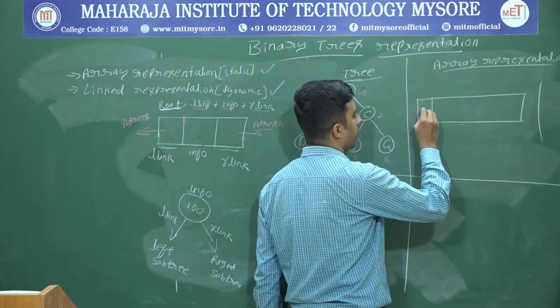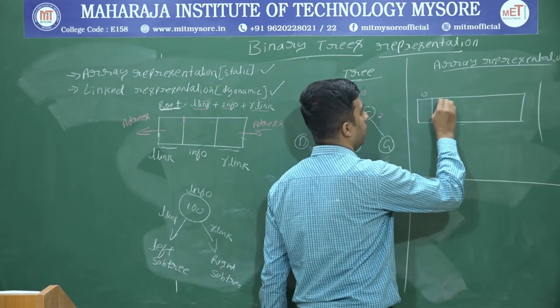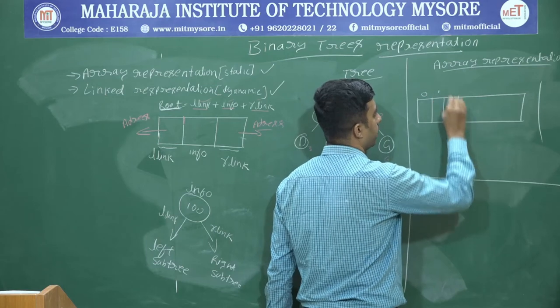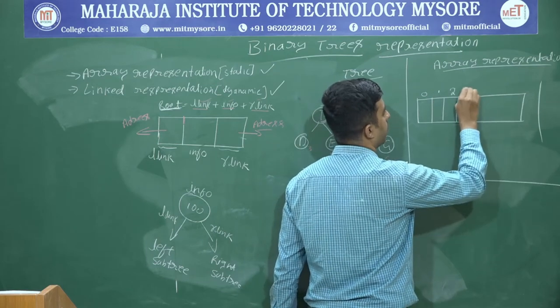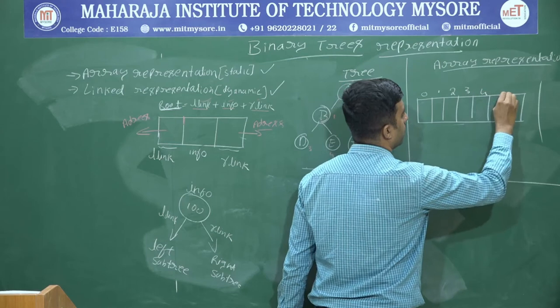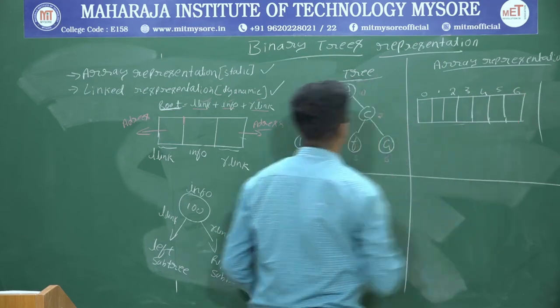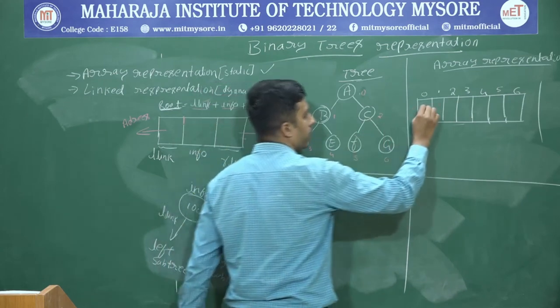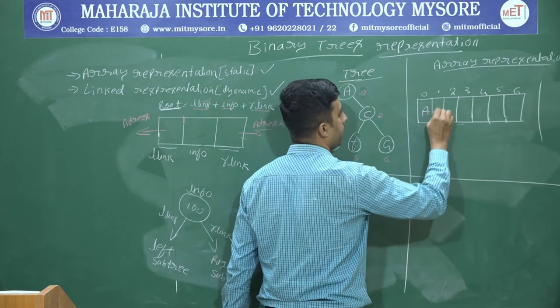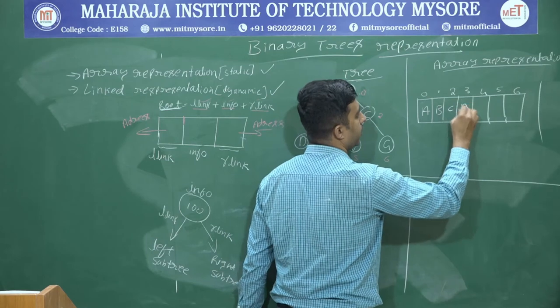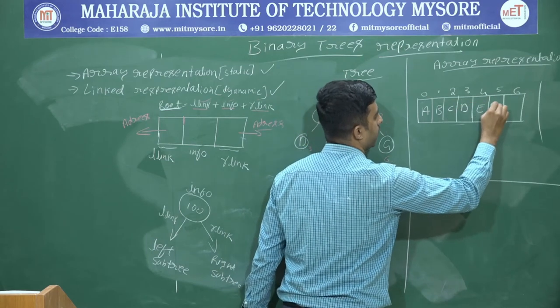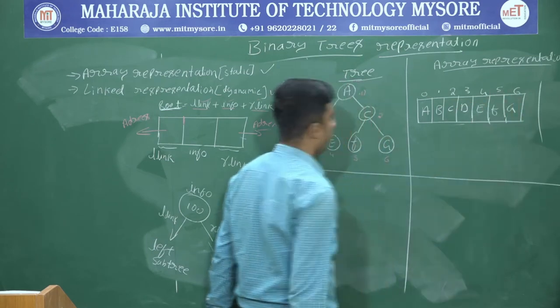The 0th node holds the first value A, then first node B, C, D, E, F and G.